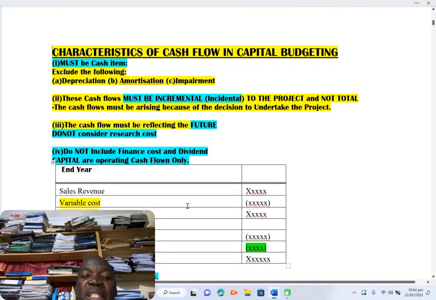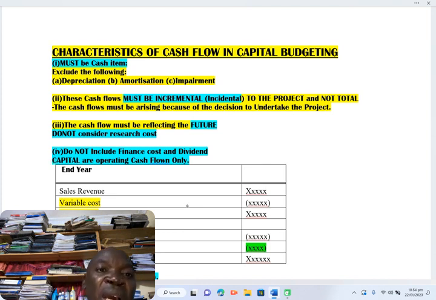Before that, let us see what are the basic characteristics of cash flow in capital budgeting as per our decision making. The first one, the item must be cash, so you have to exclude depreciation, amortization, and impairment. Number 2, the cash flow must be incremental, meaning those cash flows must arise because of implementing the project.